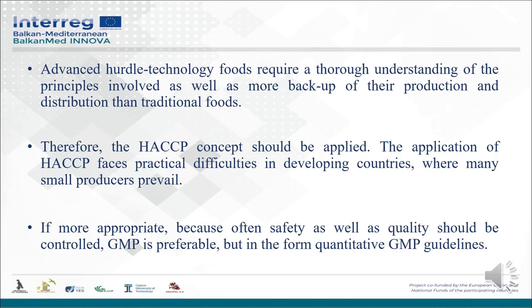The application of HACCP faces practical difficulties in the developing countries where many small producers prevail. If more appropriate, because often safety as well as quality should be controlled, GMP is preferable, but in the form of quantitative GMP guidelines.